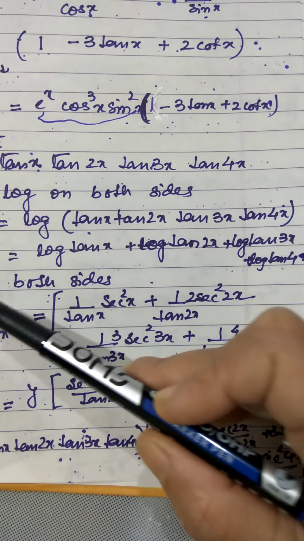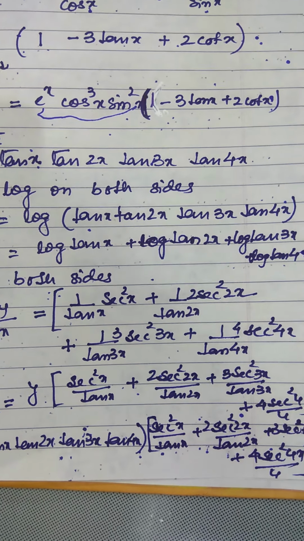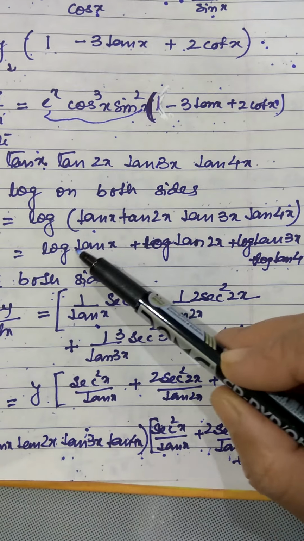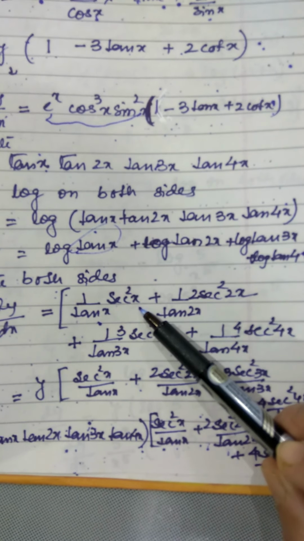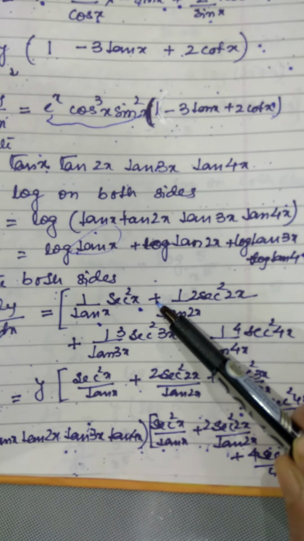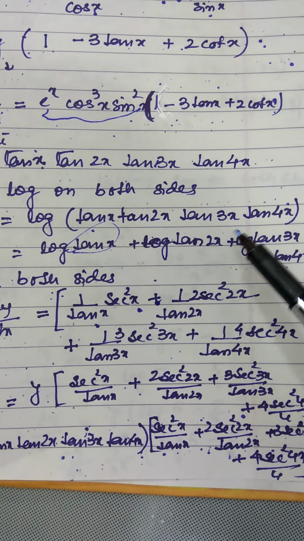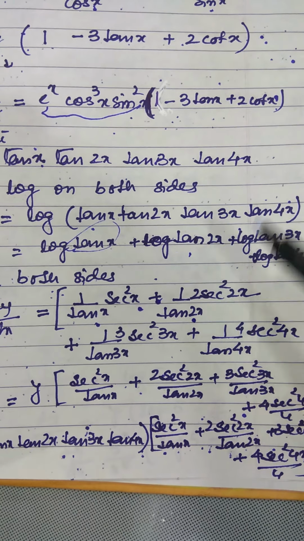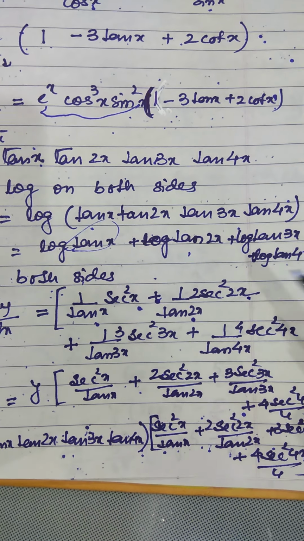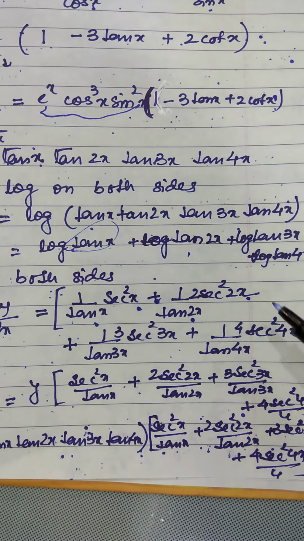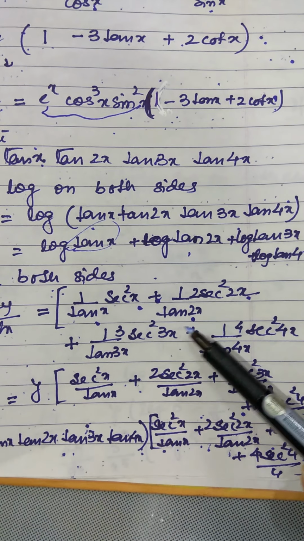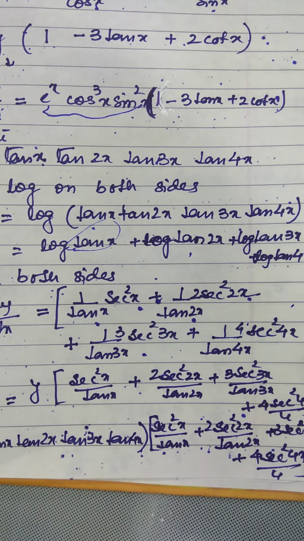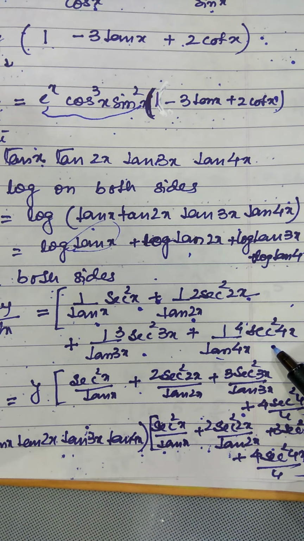Differentiate. 1 upon y dy by dx equals: derivative of log tan x is 1 upon tan x, and derivative of tan x is sec square x, plus derivative of log tan 2x is 1 upon tan 2x, and derivative of tan 2x is 2 sec square 2x, plus 3 sec square 3x upon tan 3x plus 4 sec square 4x upon tan 4x.